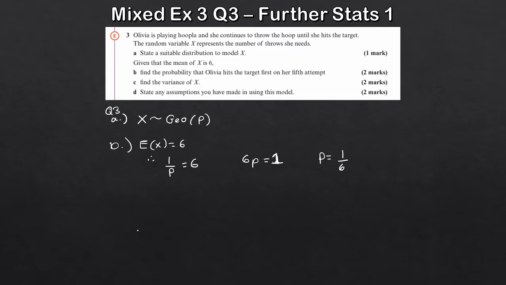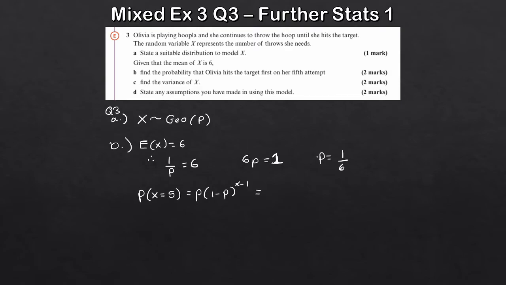Okay? So that's the P, but that's not quite the question. What we actually want now is the probability that Olivia hits the target first on her 5th attempt. So that'll be the probability that X is equal to 5. Remember, if it's equal to a number, it's going to be P, the probability, times 1 minus P to the power of x minus 1.